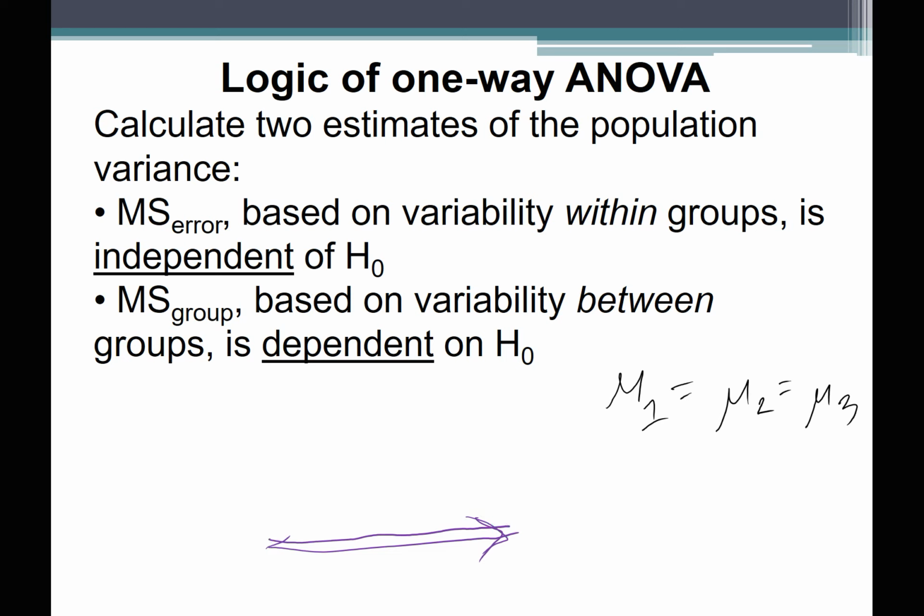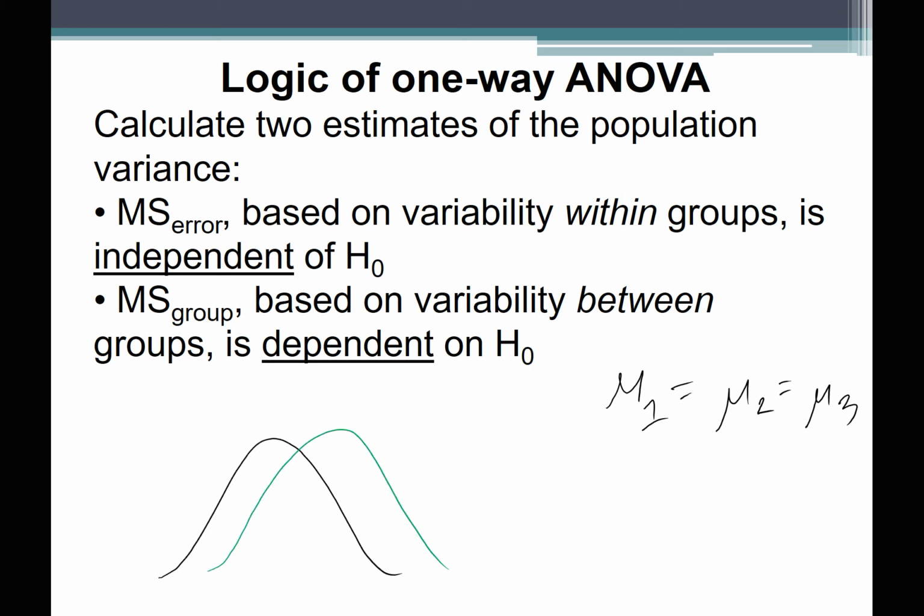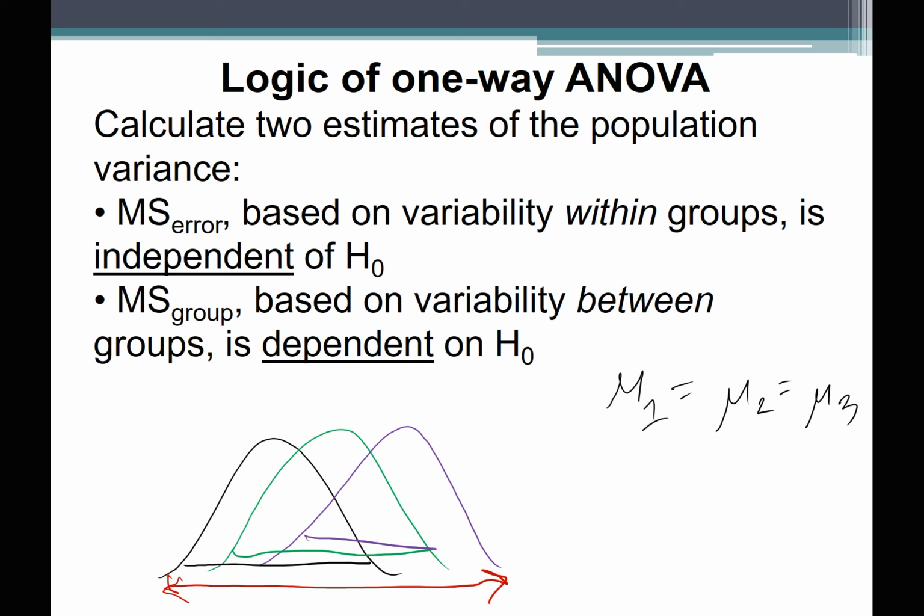So it's only when these groups are different from each other, maybe even just a little bit different, that the variability that spans from one end to the other between the groups is bigger than just this variability, just this variability, just this variability.